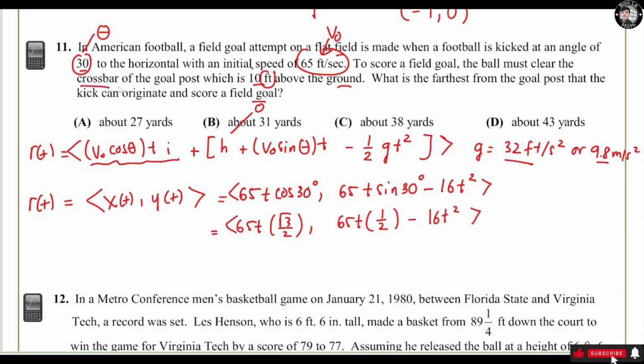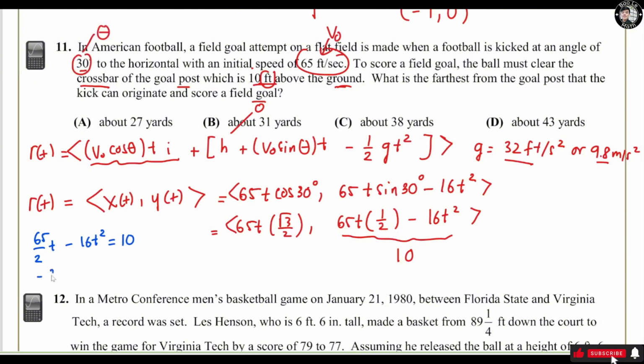The crossbar of the goal post is 10 feet above the ground, which means this is 10, right? So we have 65 over 2 t minus 16 t squared equals 10. Now we're going to simplify this one by multiplying both sides by 2.